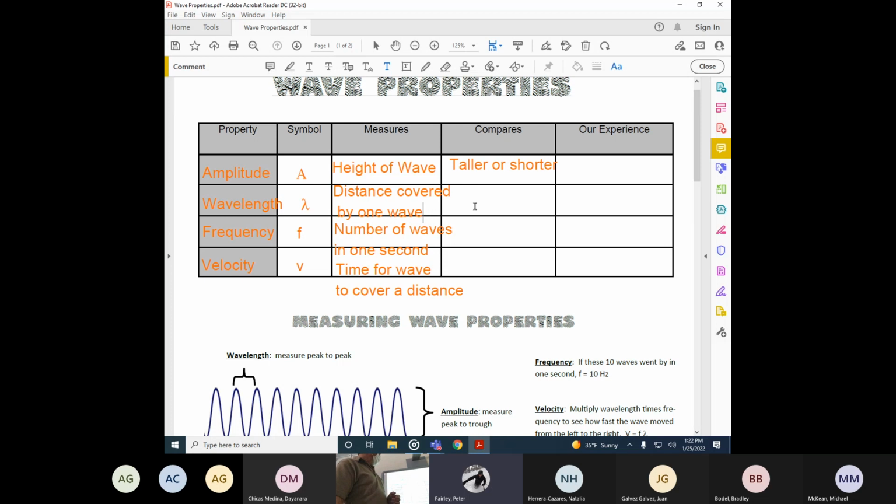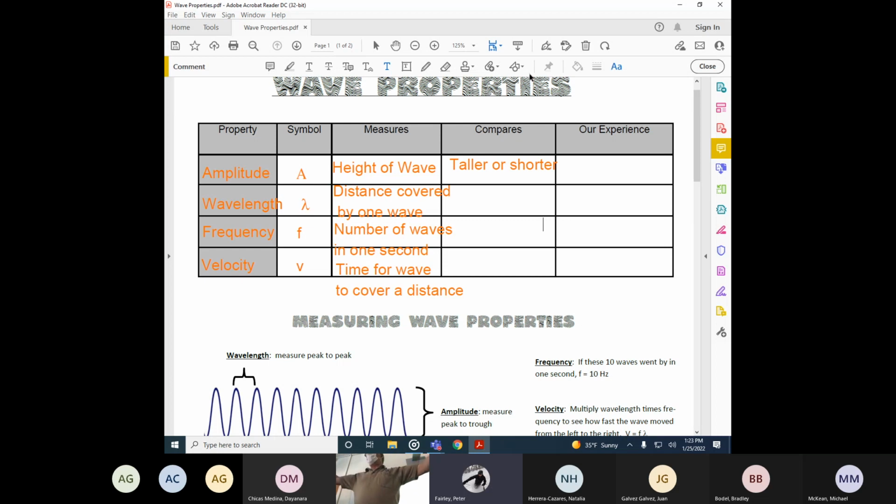What about wavelength? What could we say about that? Well, I could say longer and shorter, huh? But didn't I already say shorter over here? How else could I describe something besides using the word shorter? Bigger, and we could use big and small. Longer.